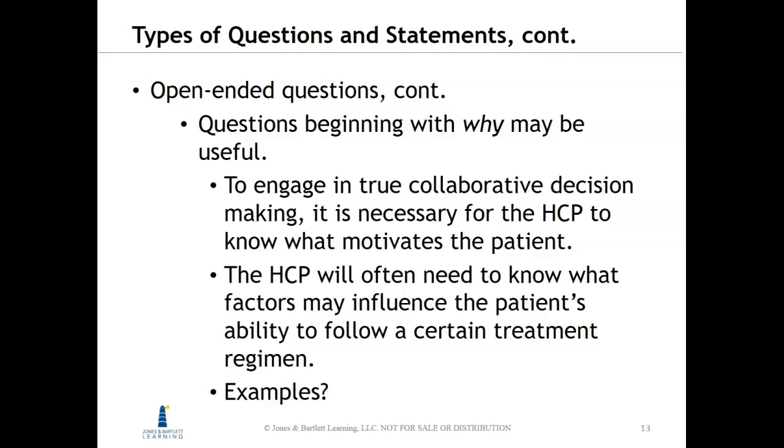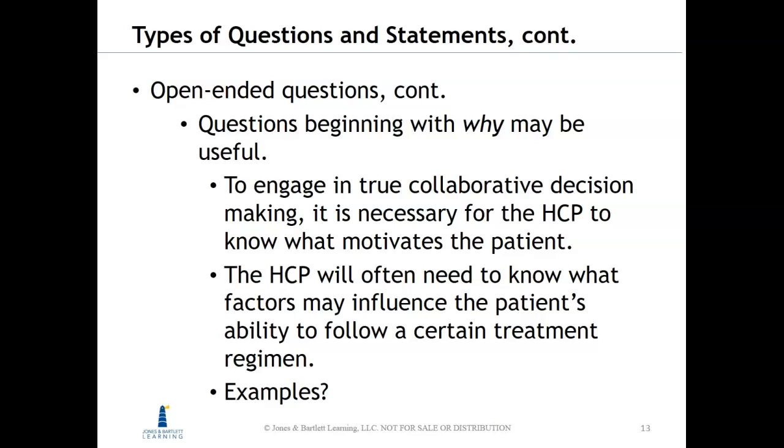It can help us to engage in true collaborative decision-making. It is necessary for the healthcare provider to know what motives the patient has. In addition, we like to know what helps to motivate and demotivate our patients. Sometimes gathering information in terms of motivation can be helpful during the therapeutic intervention.